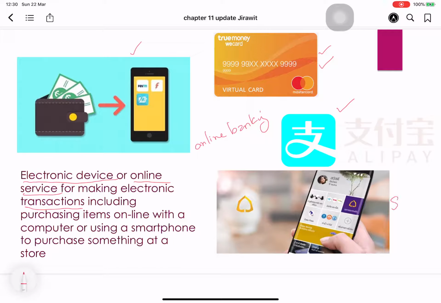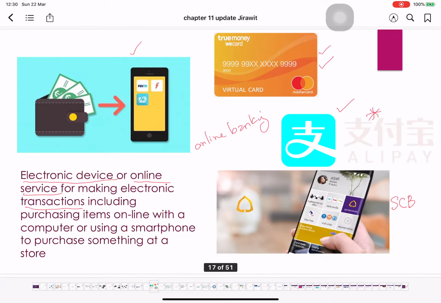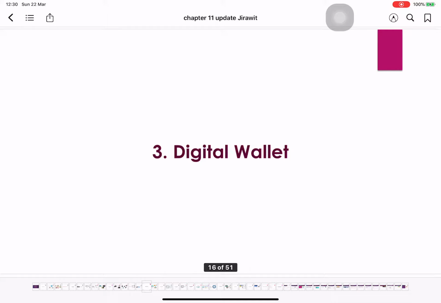And this is for SCB, but you're familiar with Alipay, WeChat Pay, lots of pay applications from your country, China. This is about digital wallets.